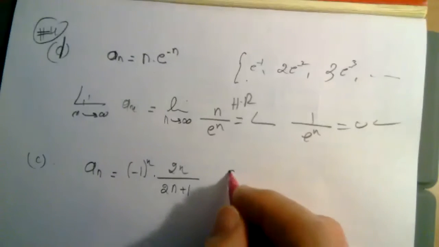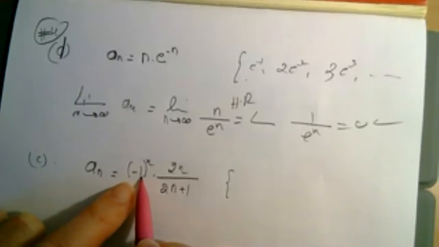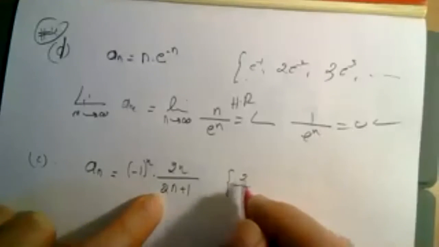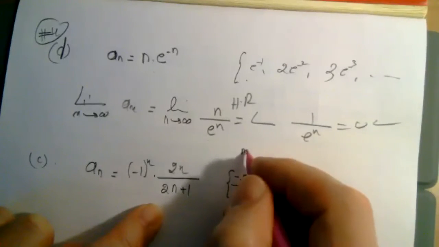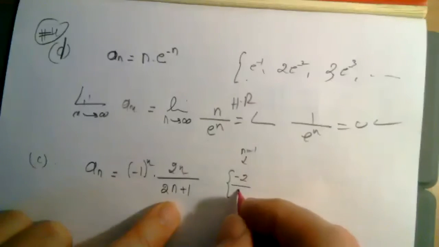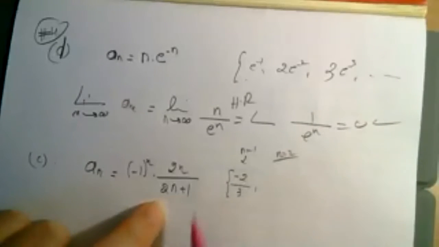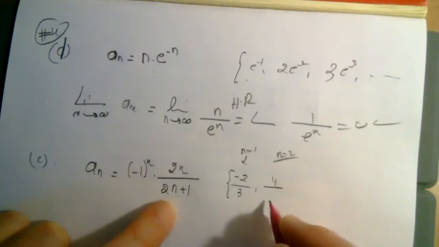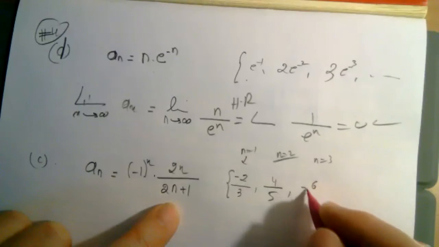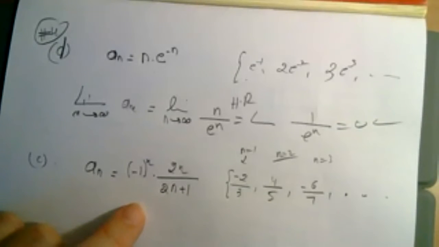So let us list them, not because I have to, but to give you a feeling. If n is 1, I have -2 over 3. If n is 2, I have 4 over 5, and if n is 3, I have -6 over 7, and this is really the kind of terms I have.